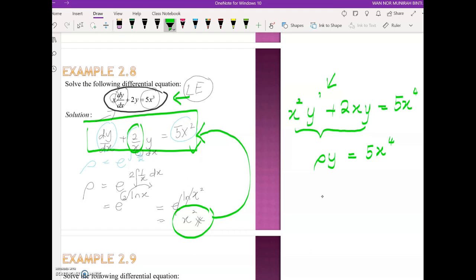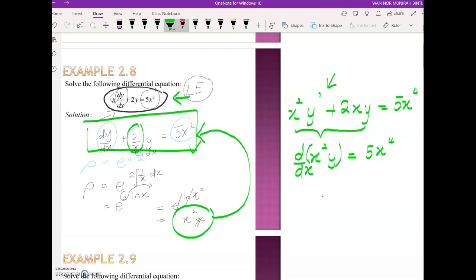I just put rho y. So what is rho just now? Rho is actually x squared, so that I have x squared y on the left hand side, and my right hand side is 5x to the 4.